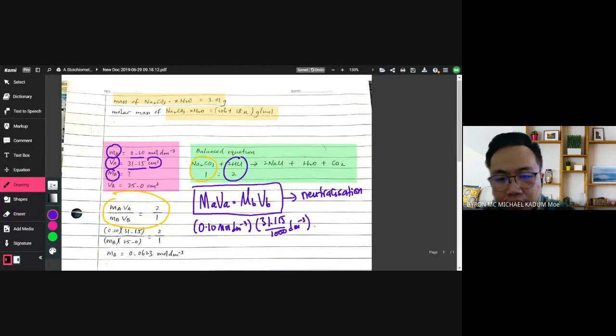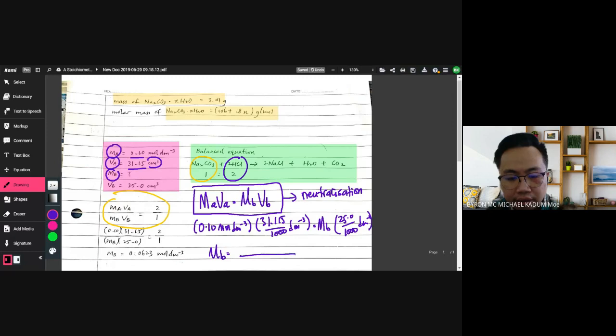Dapatlah macam tu. And we want to find what is molarity of B. And then 25.0 over 1,000 decimeter cubic.